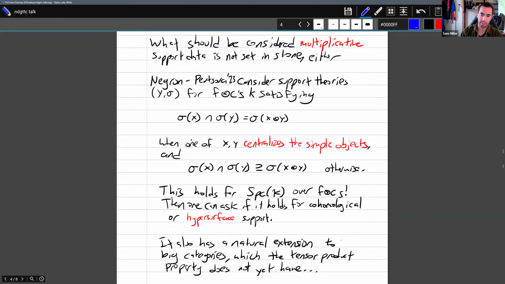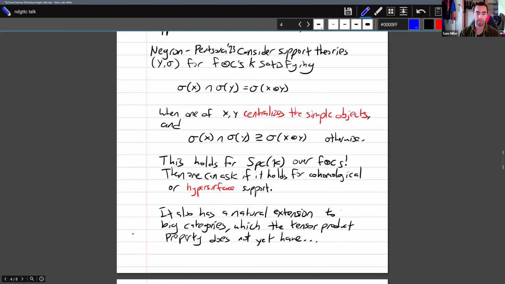And this approach also has a nice natural extension to big categories, since, as I've noted for the general tensor product property, we shouldn't necessarily assume that it always lifts to a big compactly generated category, even if its compact part satisfies the tensor product property.